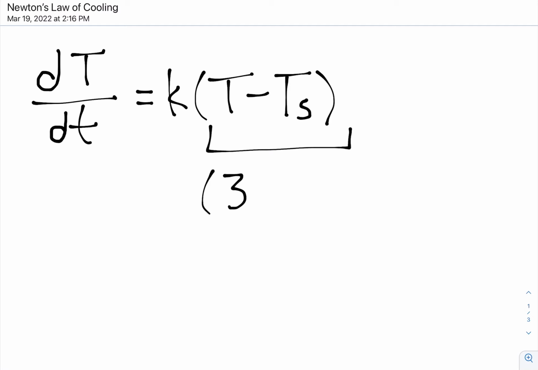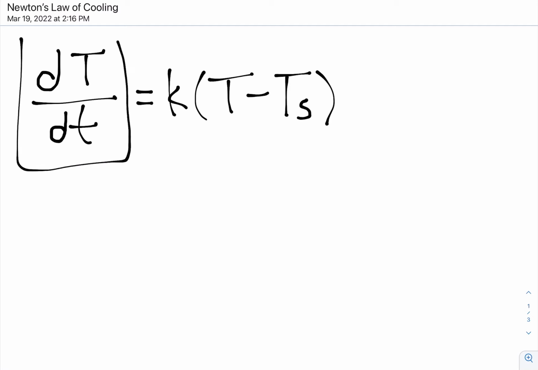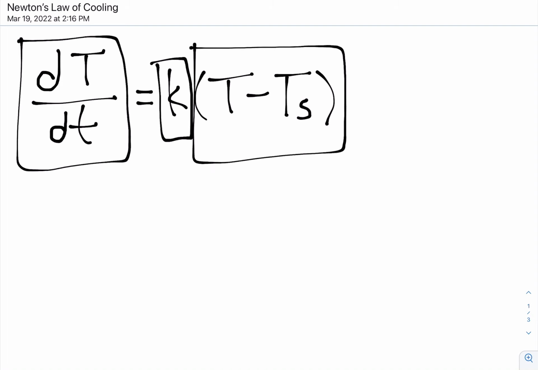So that's the main idea: the rate at which the temperature of an object changes, and it could be a cup of coffee, a soda, a shoe, a basketball, whatever it is, is equal to some proportionality constant K times the difference between the two temperatures. So the actual temperatures themselves don't matter.